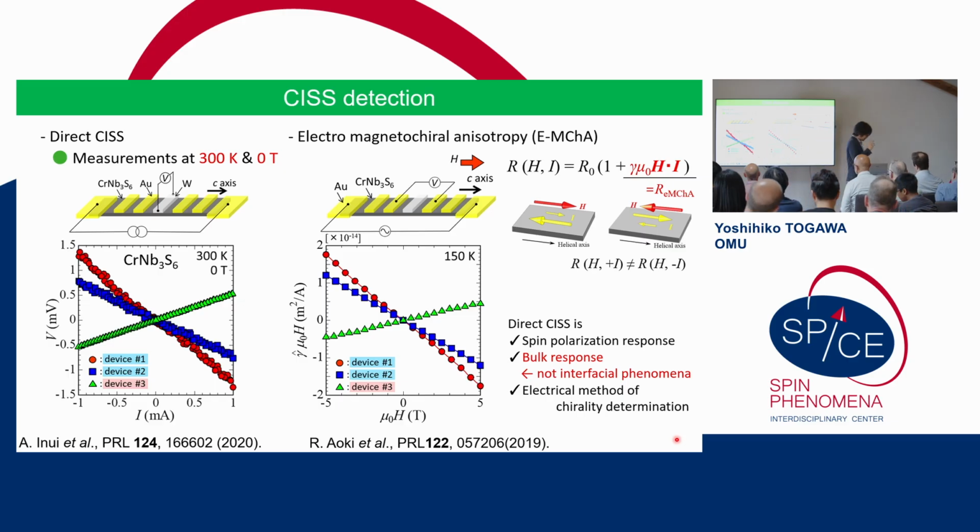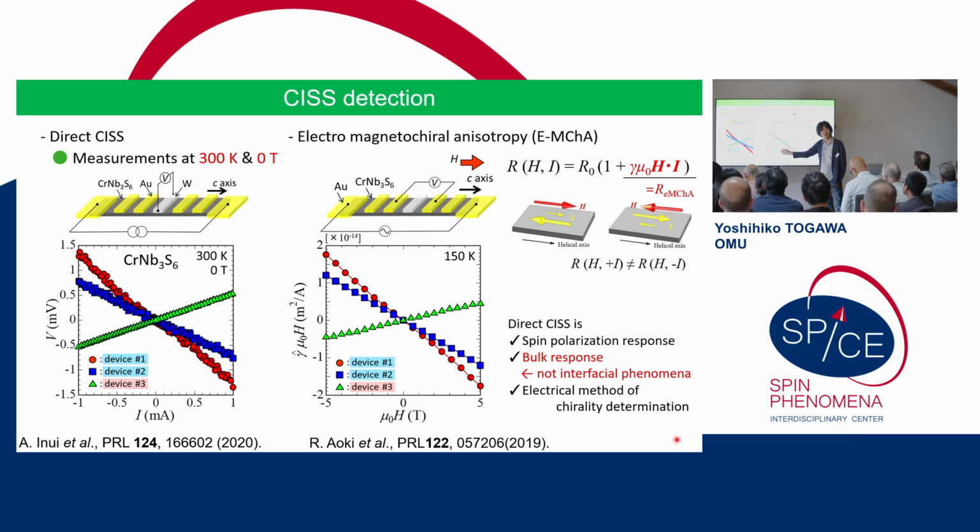Then fortunately, we now have another type of transport measurement which enables chirality determination. That is called the electrical magnetochiral anisotropy effect. When we apply a magnetic field along the direction of the current, it modulates the magnitude of the resistance, and this sign depends on the handedness of the crystal. We performed this kind of transport measurement.